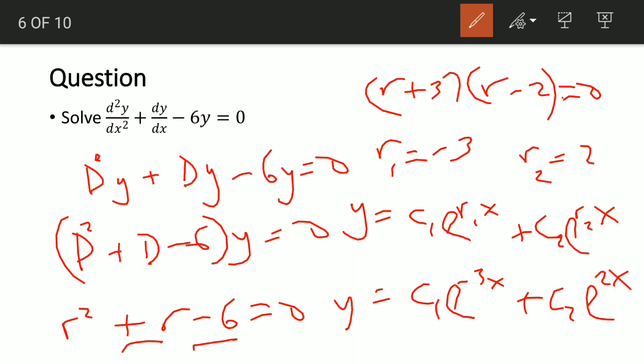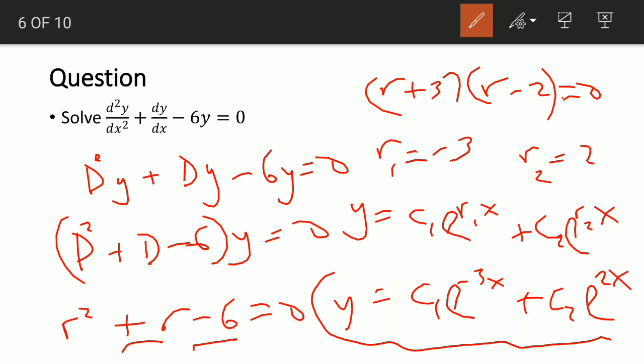So this is the final solution, that y equal to c1 exponential minus 3x plus c2 exponential 2x. Now there is a way we can show that this is correct.